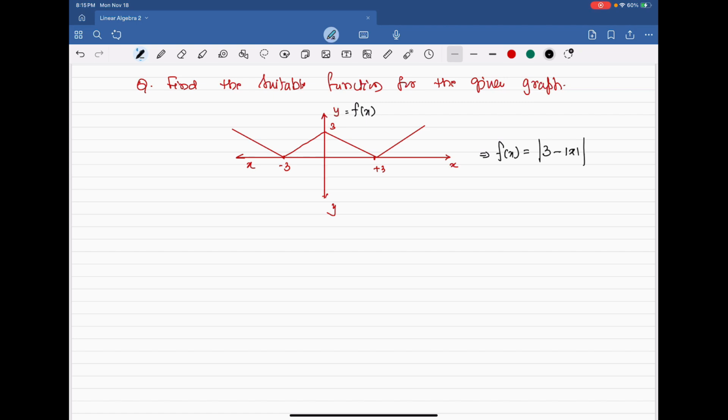And another typical problem, I'll give the graph. You find out the equation and tell me. I will give 4 graphs. You find the equation. We'll debate in the next class.